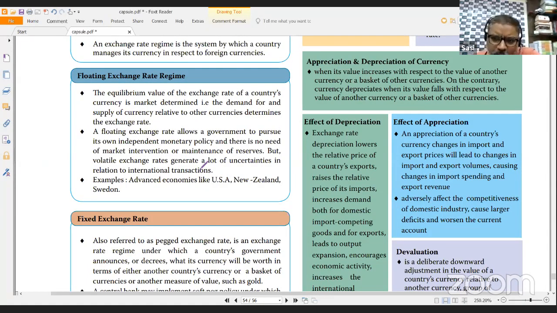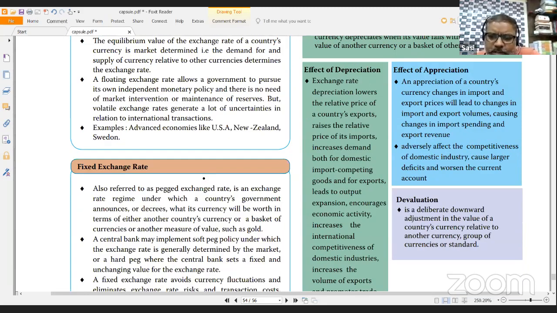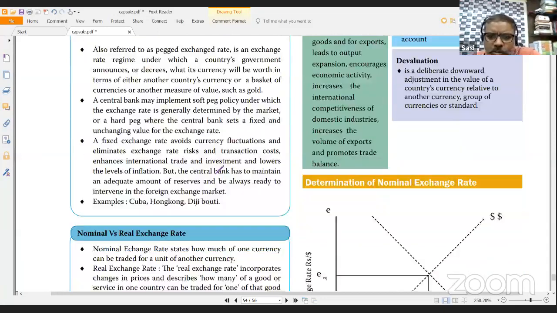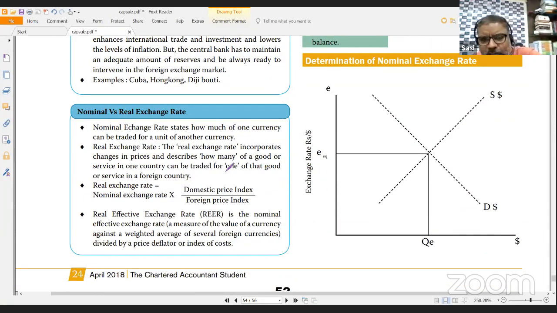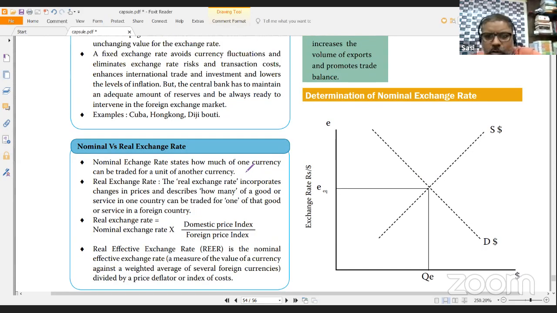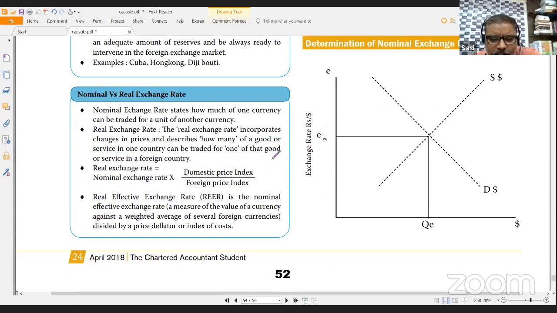Of course, imports become costly, so imports become less. So appreciation will discourage exports and encourage imports, and vice versa. Depreciation will encourage exports and discourage imports. Depreciation is what generally happens. As far as India is concerned, it has been depreciating for a long time.